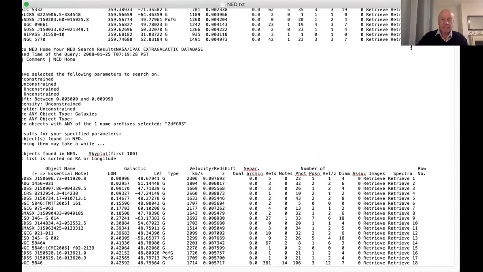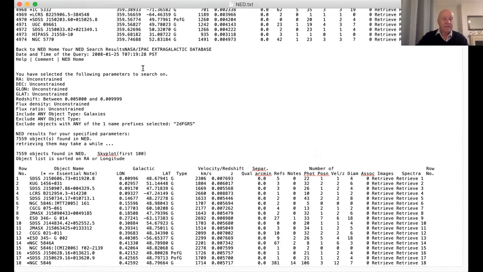So you can see this is the next access of the galactic database, going up from 0.005 to very nearly 0.01. So that's the source of data.